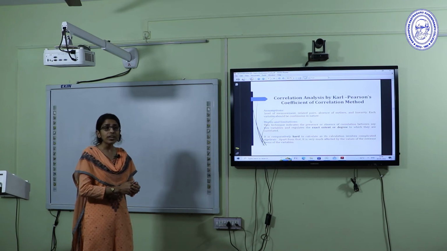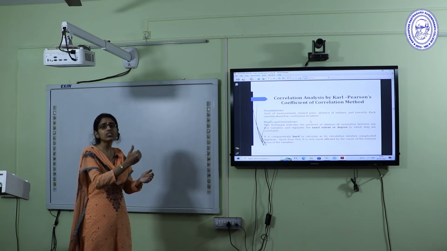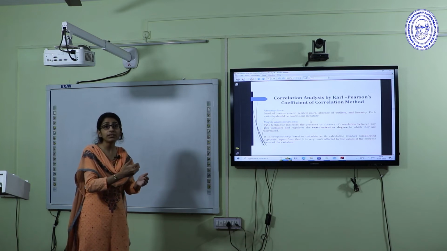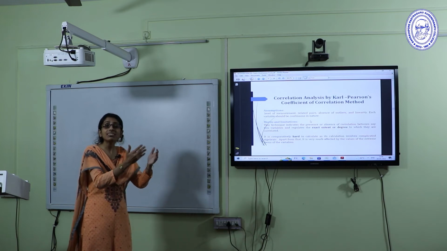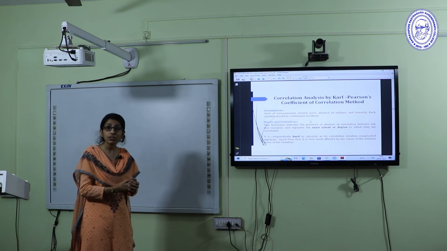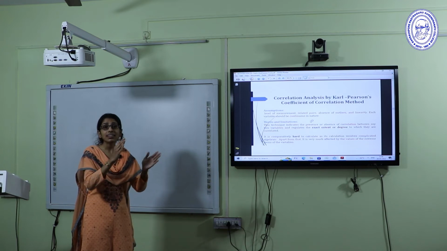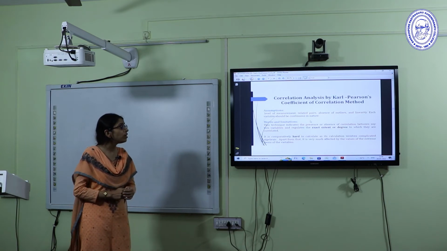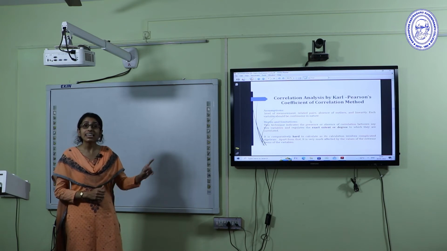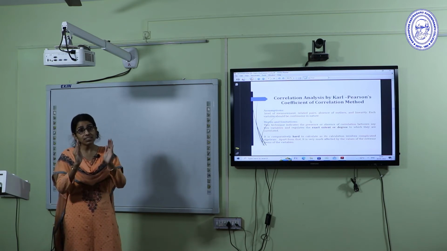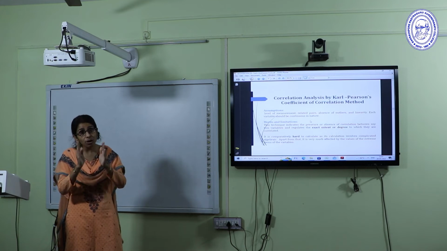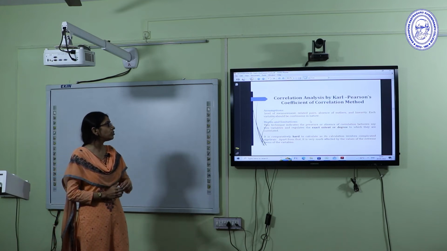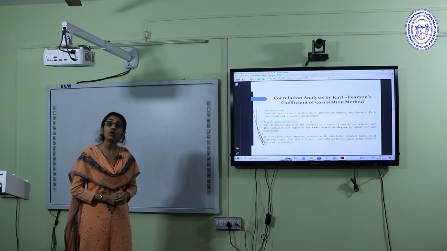Through a scatter diagram, we are only able to identify whether a relationship exists or not, but we are not able to identify the exact degree of that association. The main merit of Pearson's correlation coefficient is that it determines the degree of association through which the two variables are correlated.